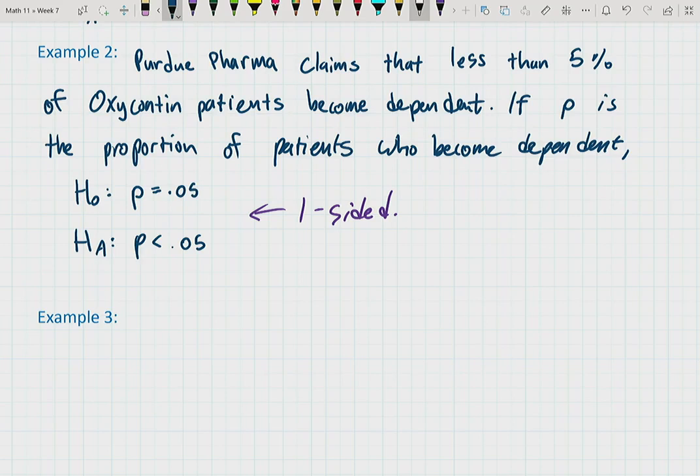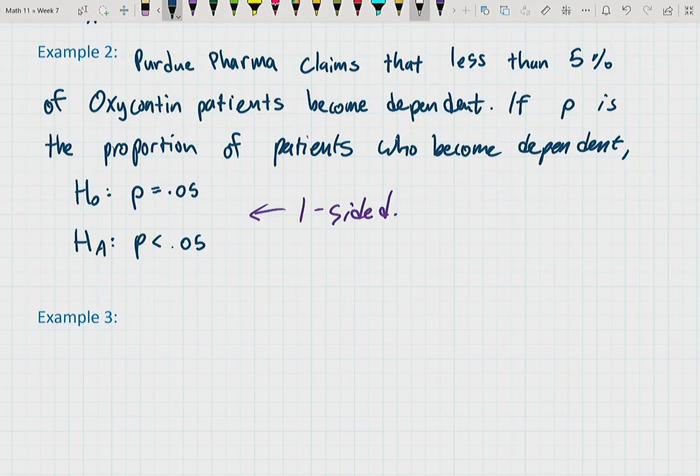Purdue claims they've got a new pill that's less than 5%. Maybe I should have written that in this question to make it more clear what the null effect is versus the alternative. Well, we're testing Purdue's claim that they're producing patients with less than 5% addiction rate. But you could phrase the question differently.